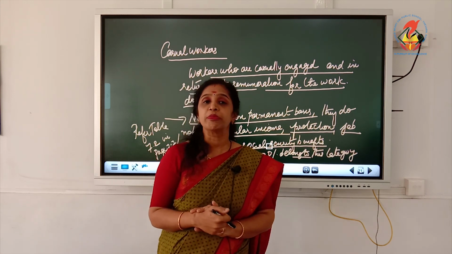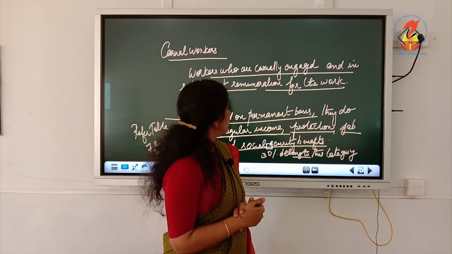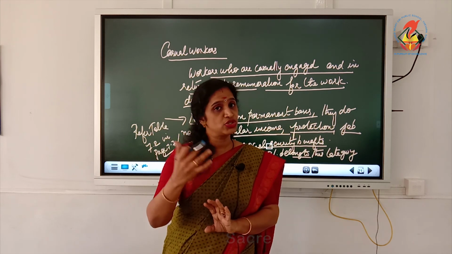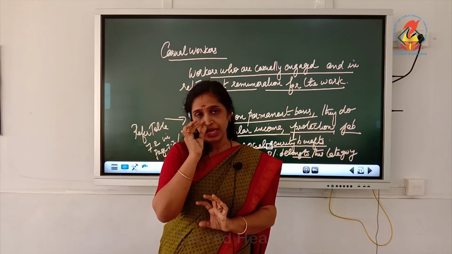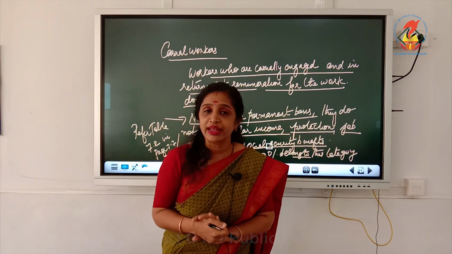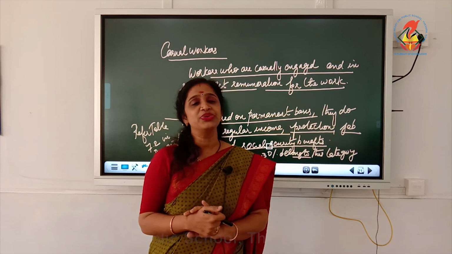Then we learned about employment, which is categorized into two, self-employment and wage employment, isn't it? And in wage employment we have learned about the casual workers and the regular workers. So I hope it is clear to you. Thank you.